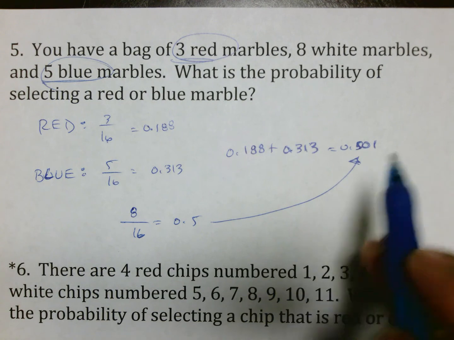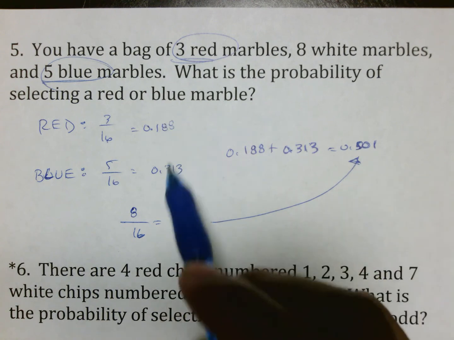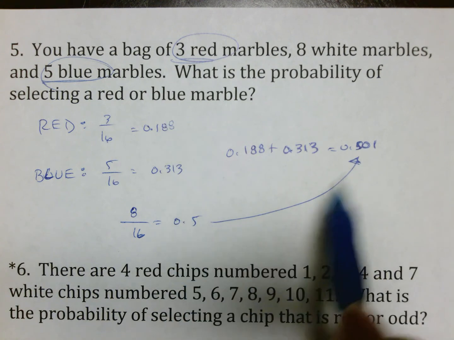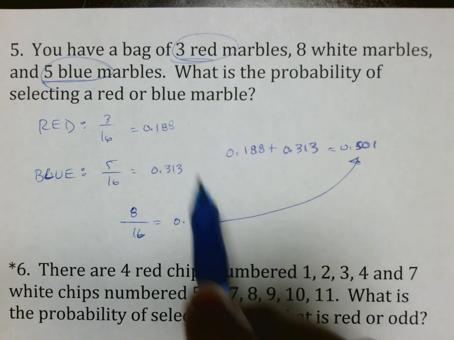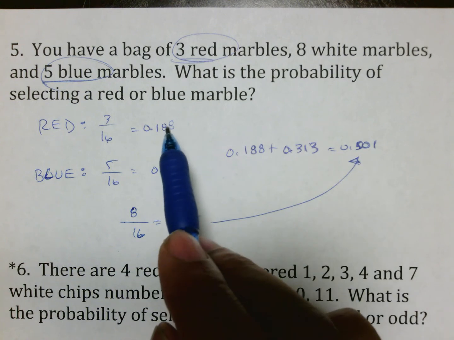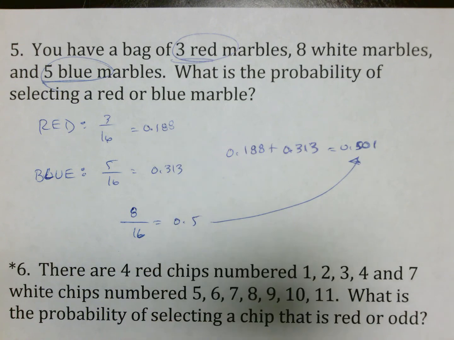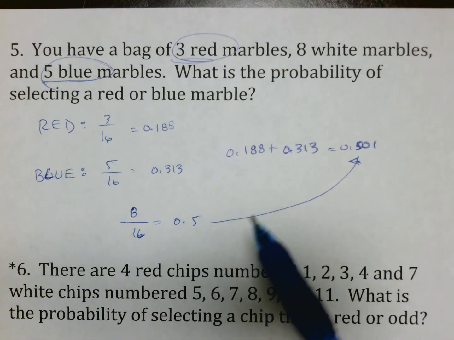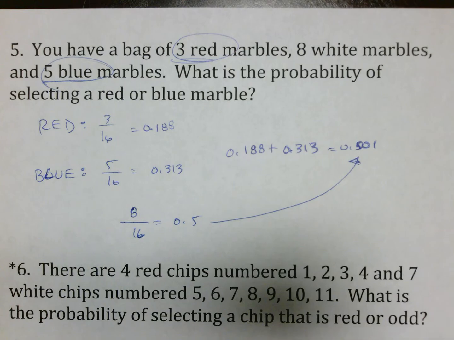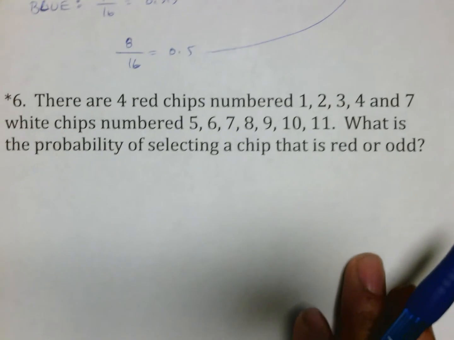The only reason why that's 0.501 is because we rounded both of those. But again, that probability is the same. I almost guarantee that if you took both of those decimals and added them together, you'd get 0.5, because that is about right.